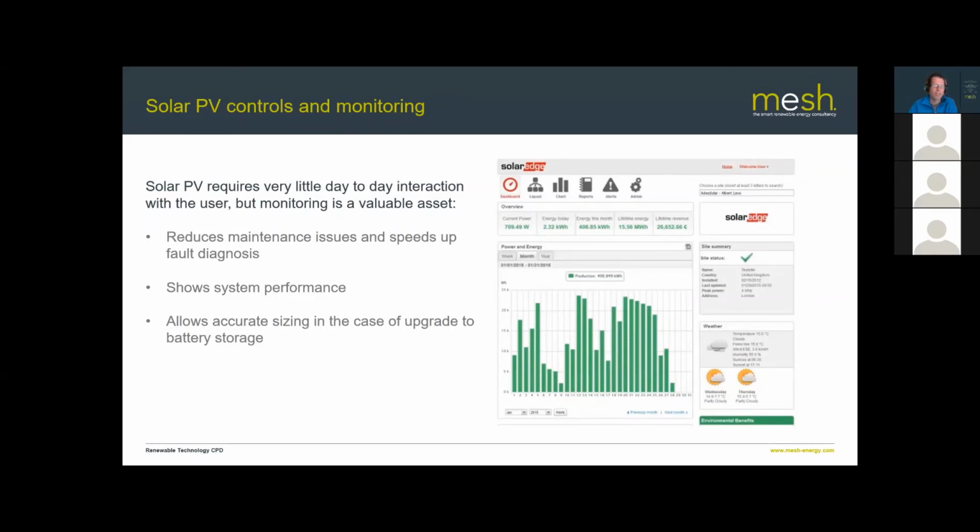So one of the things that we get asked on a pretty frequent basis is, what's the ideal size of battery I should have for my PV installation? And the answer to that is, we can't tell you unless you know exactly how you use your electricity.